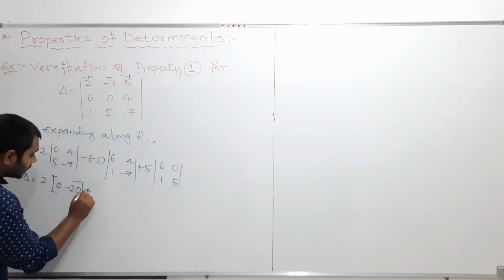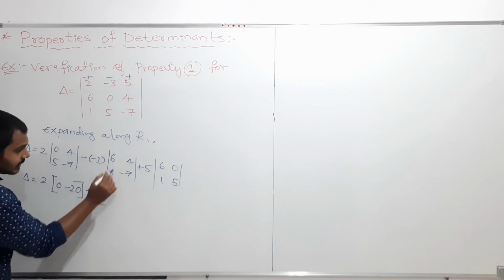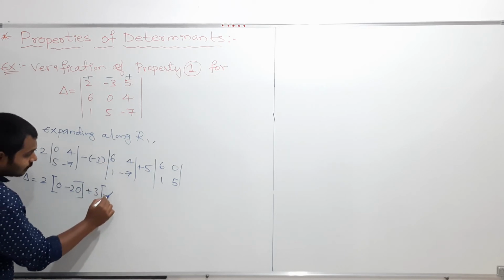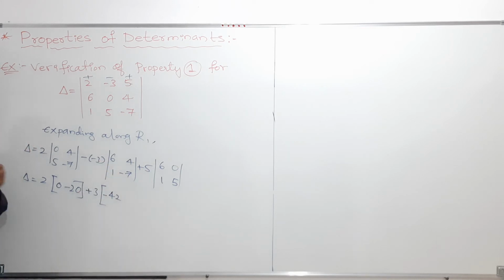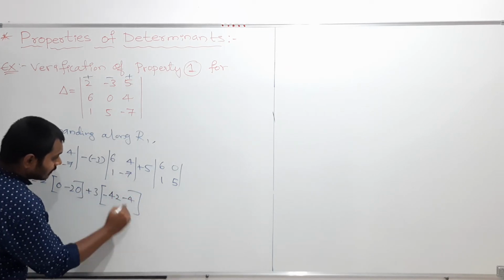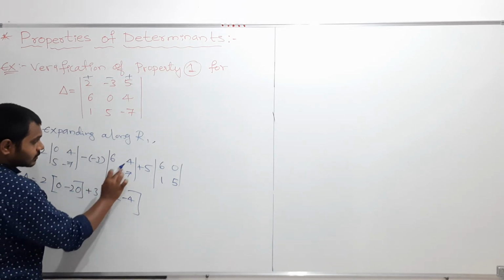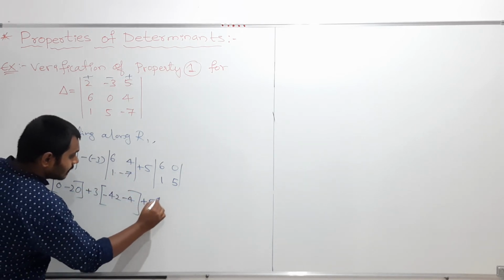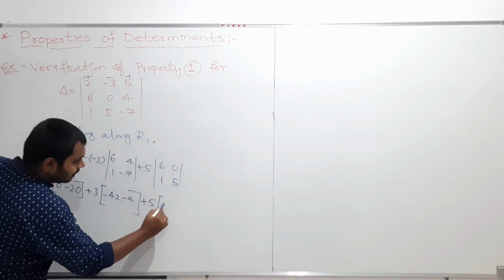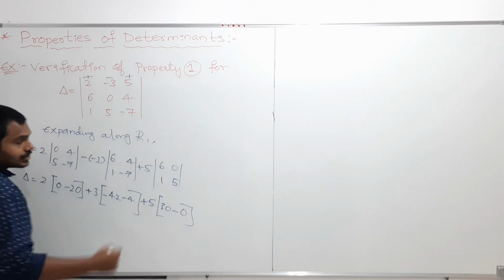Next minus plus 3, again 6 into minus 7 is minus 42, minus of this element into this element, 4 1s are 4. Next plus 5, 6 5s are 30, minus 1 into 0 is 0.